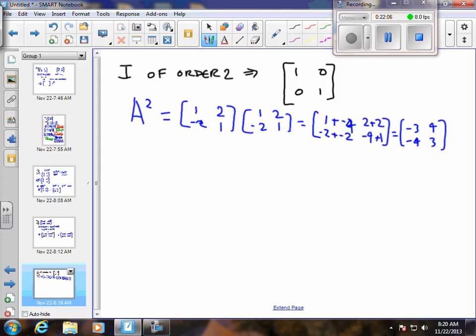Negative 4. How about the top row, second column, where you're multiplying negative 2, 1. You're multiplying the bottom row by the second column.